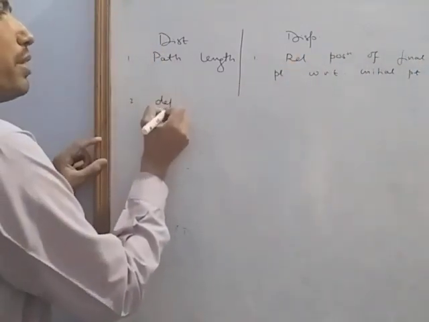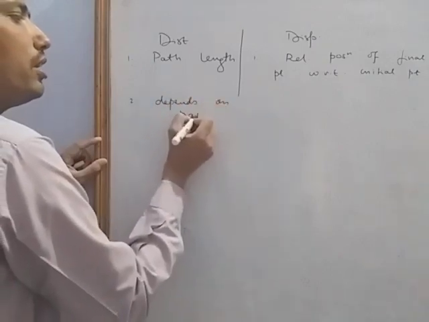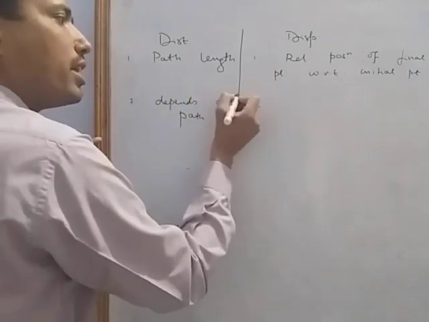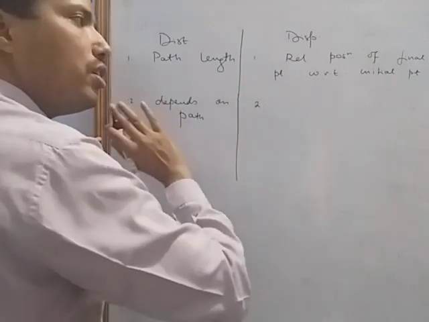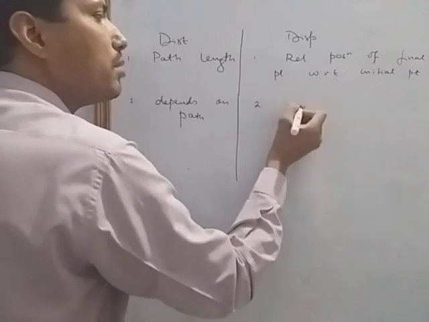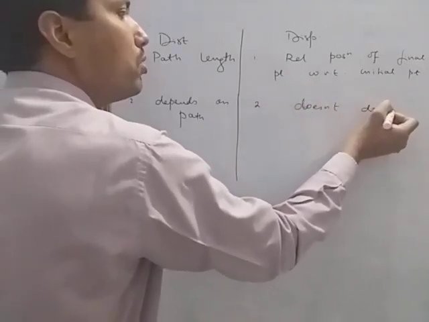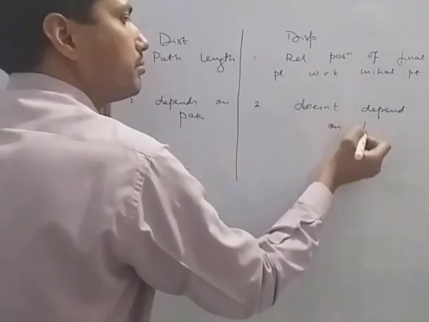The distance depends on the path followed. But we have seen some examples wherein I told you, for displacement we don't bother about the path. We write it does not depend on path.